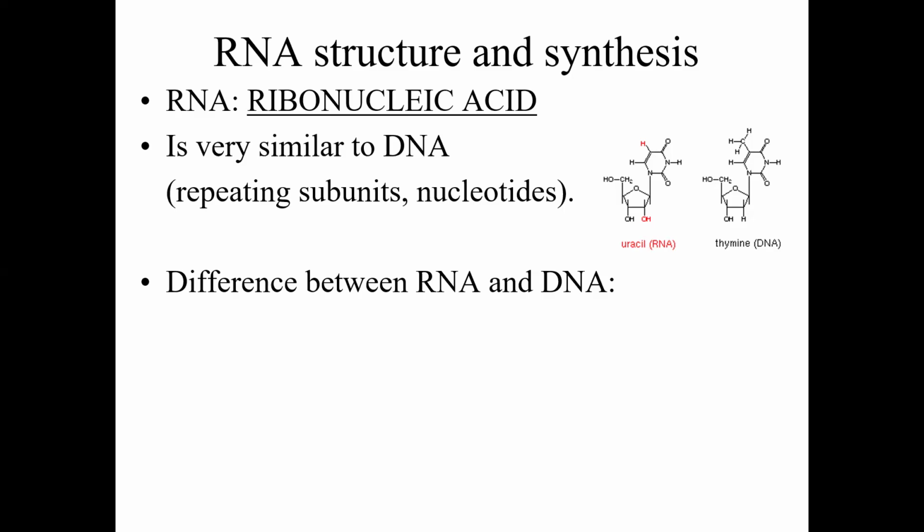And it has different types such as messenger RNA, transfer RNA, ribosomal RNA, and RNA molecules can be transcribed from DNA. So from DNA, you can produce an RNA molecule through a process that we call transcription. So these are all differences, and we are going to see the process of this transcription.